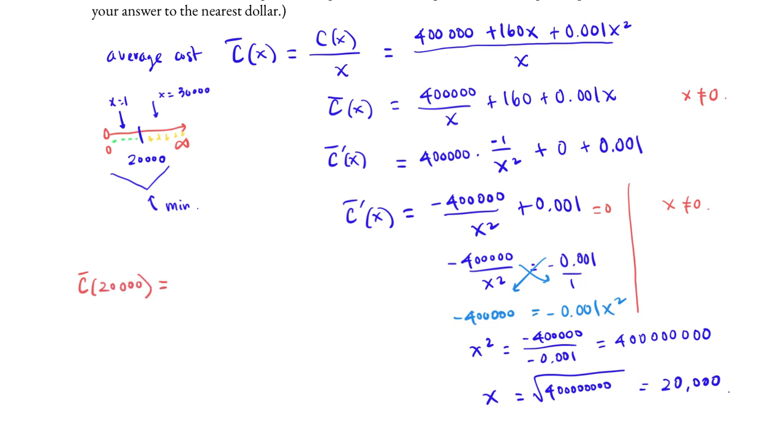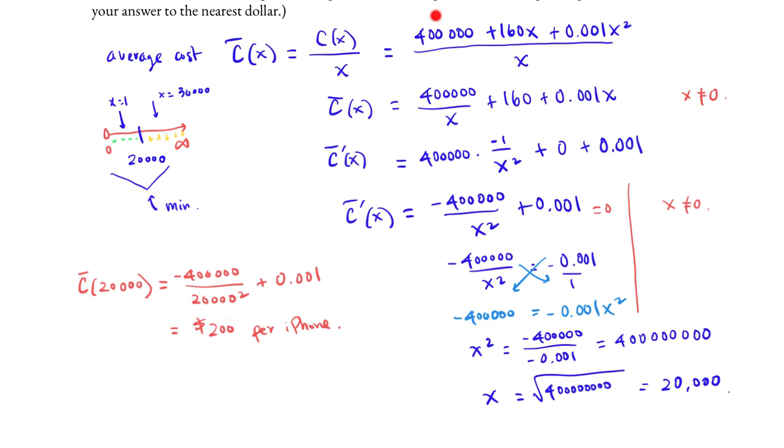And so C bar of 20,000 is 400,000 over 20,000 squared plus 0.001, and this will give us $200. This is $200 per iPhone. This price per iPhone is the cost at the optimal production level because we optimized the average cost.